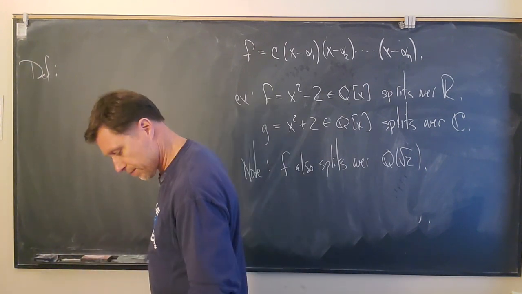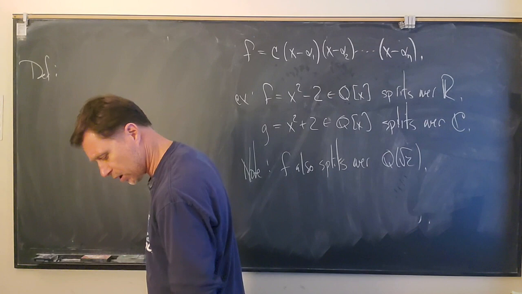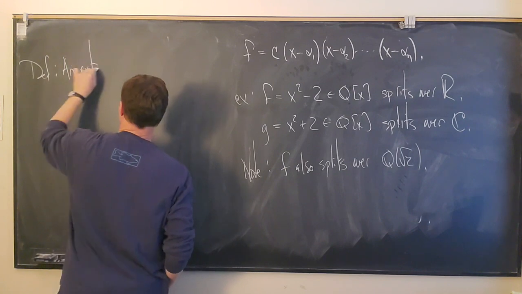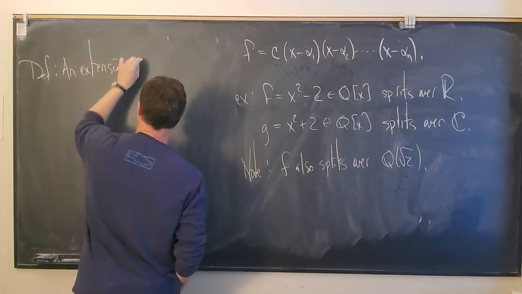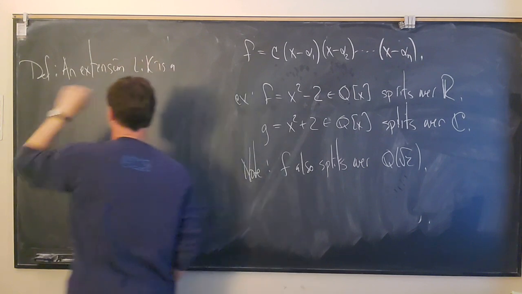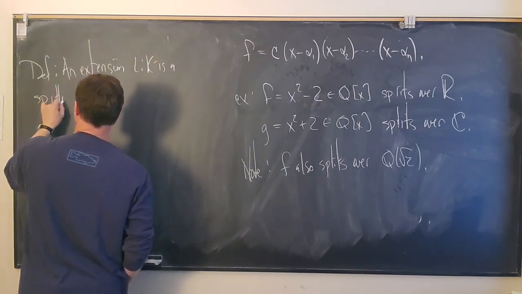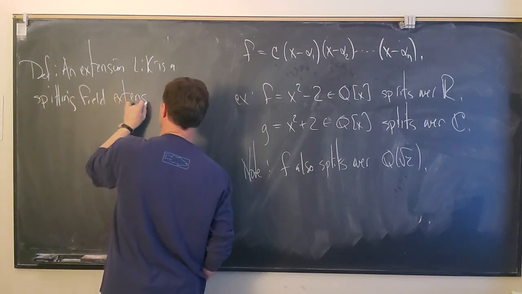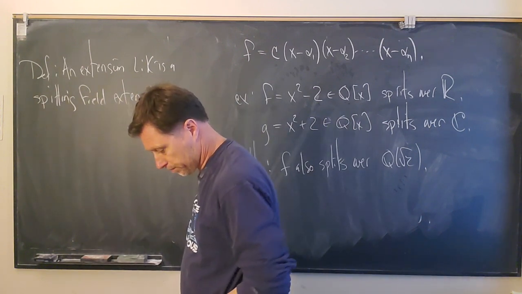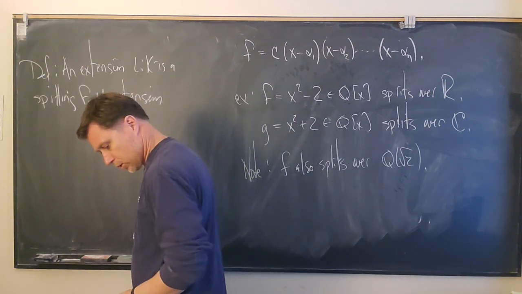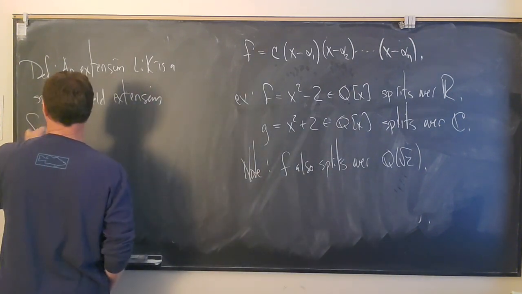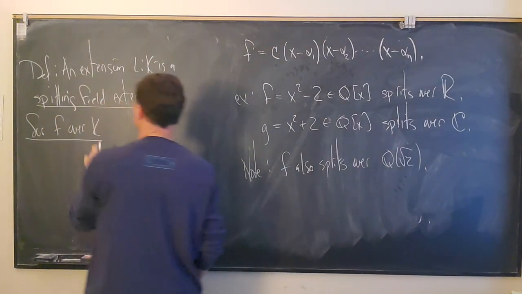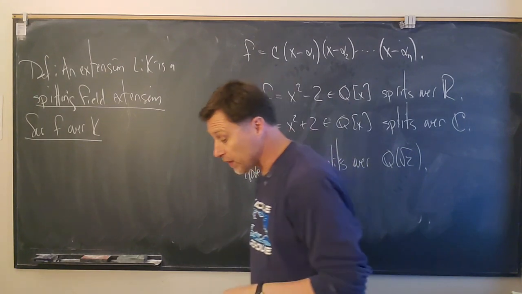So now a definition. An extension L over K is a splitting field extension for f over K, which is a bit of a mouthful, if two things happen.